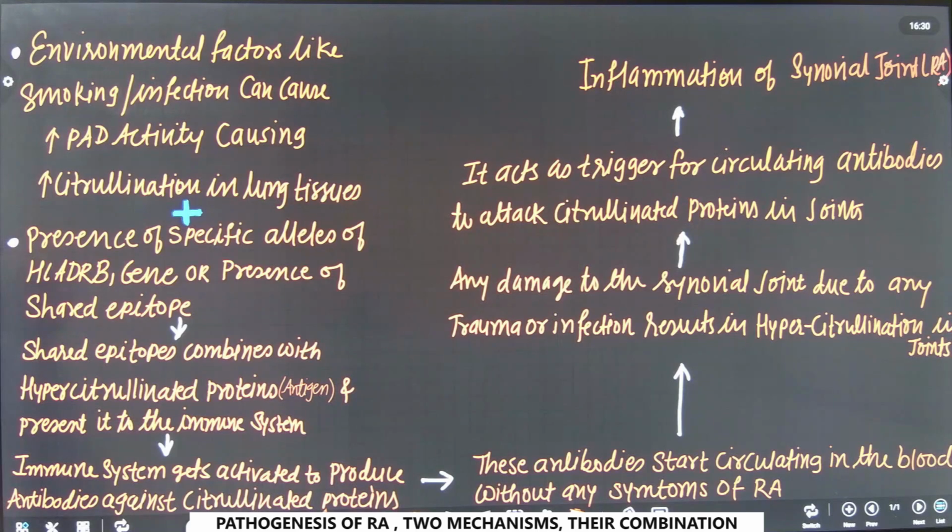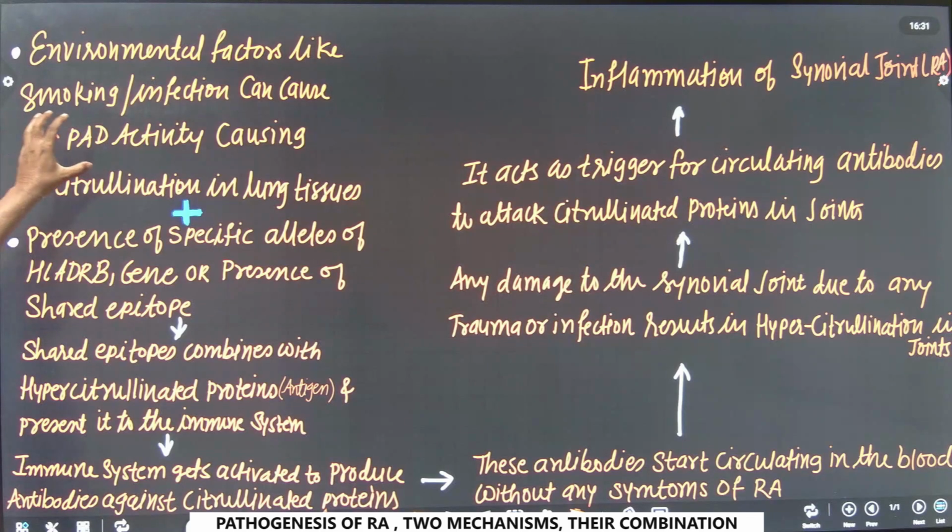Plus there is the presence of specific alleles of the HLA-DRB1 gene, or we can say the presence of the shared epitope. We already know the concept of polymorphism, and because of the polymorphism we are getting our shared epitopes.